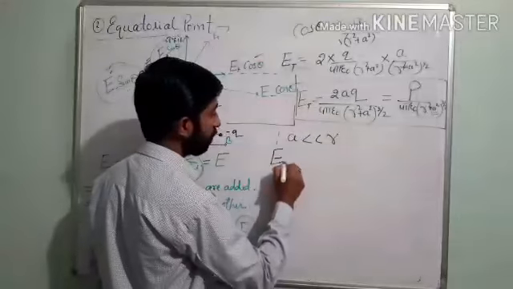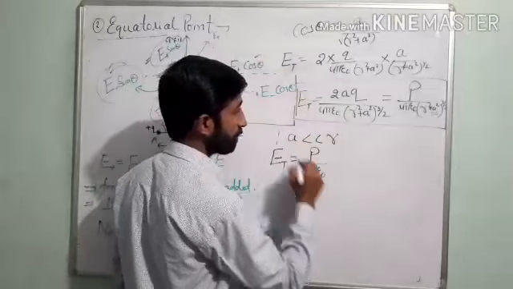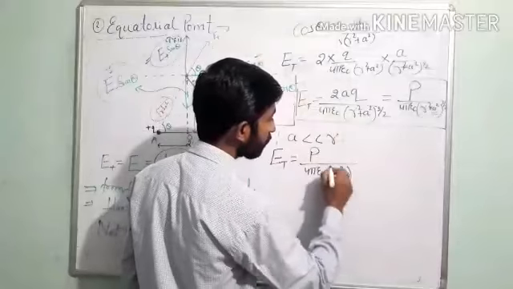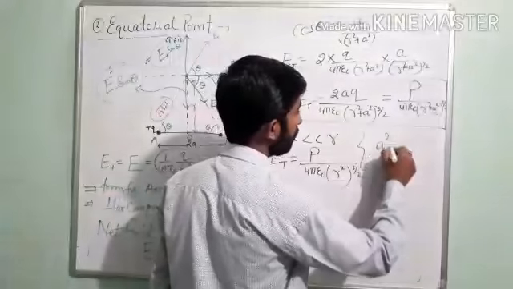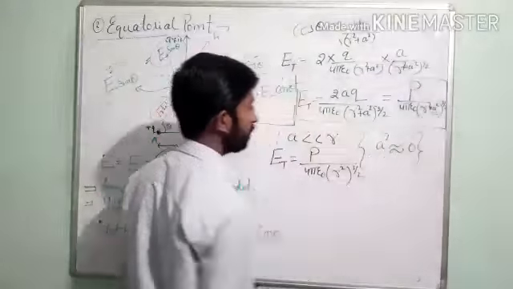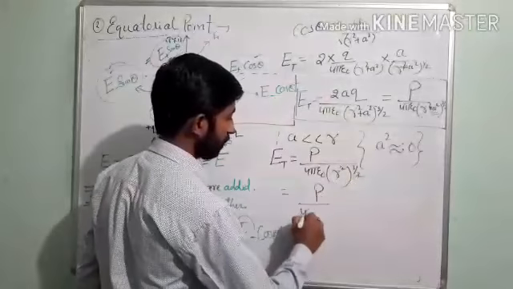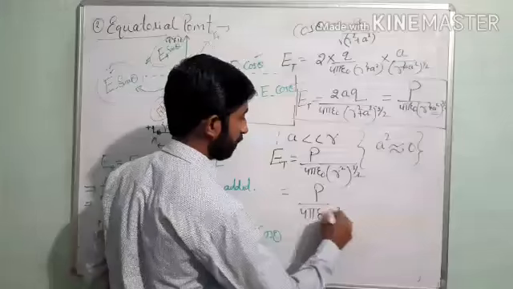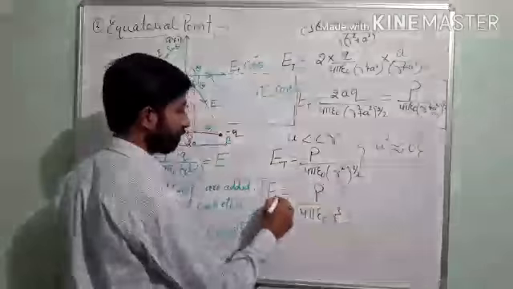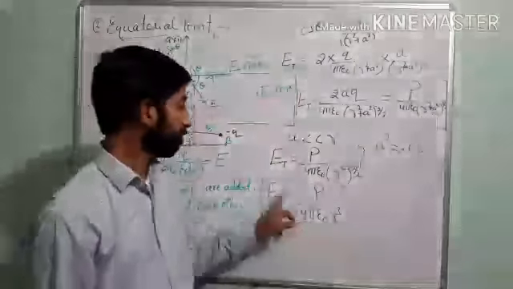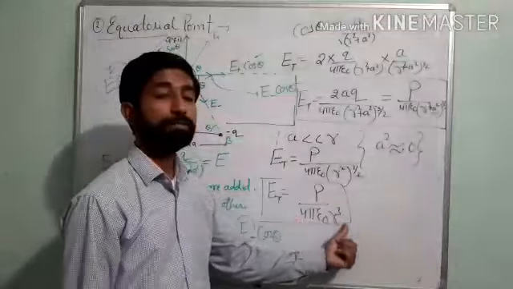So E total is equal to P upon 4 pi epsilon naught R square to the power 3 by 2, because we are already taking A square equals 0. So this 2 cancels this, giving P over 4 pi epsilon naught R to the power 3. Right? This is again E proportional to, or varies as, the third power of R.